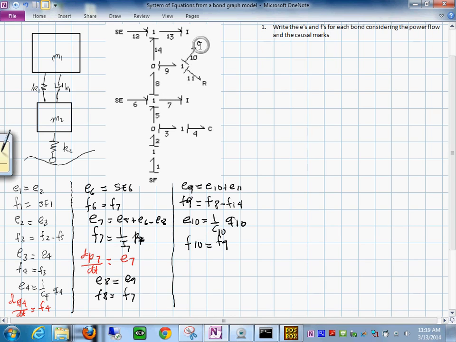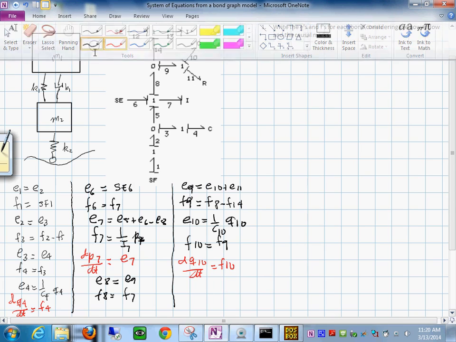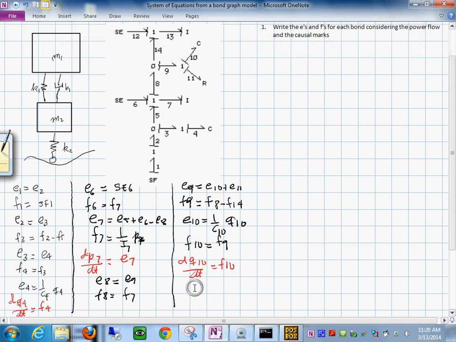And from here we have our third differential equation, which is going to be dQ sub 10 dt is equal to F sub 10. And I think we only have just a few more to go to get it all done.